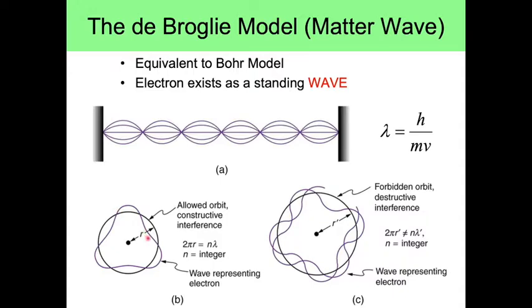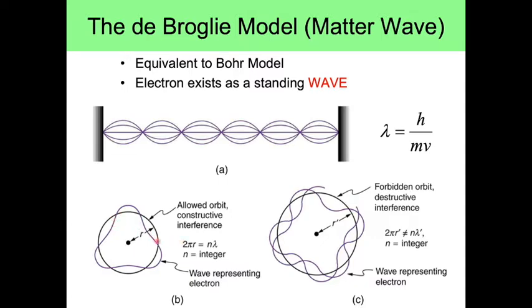And if the circumference of the orbit is a multiple of one wavelength, 2πr equals nλ.